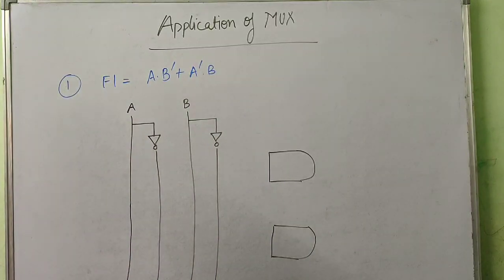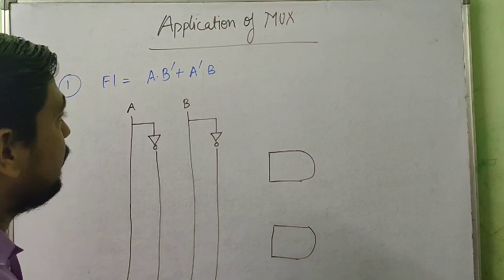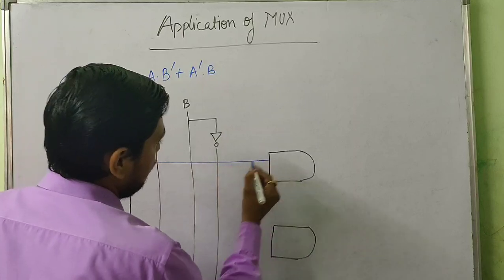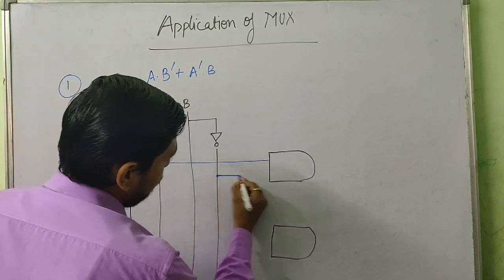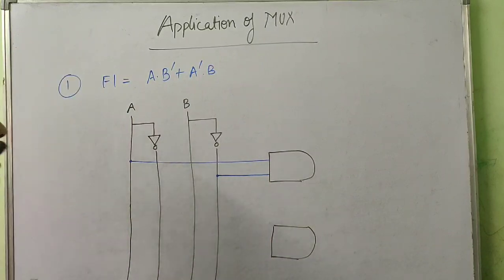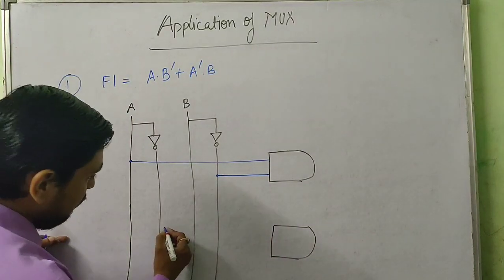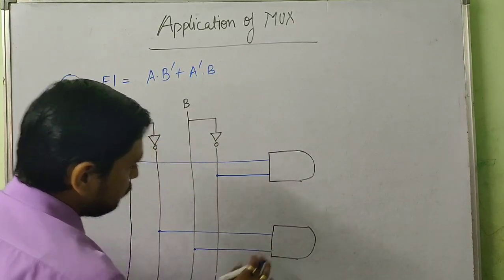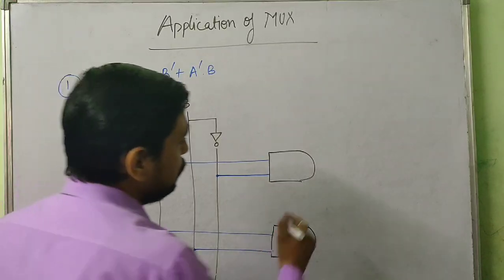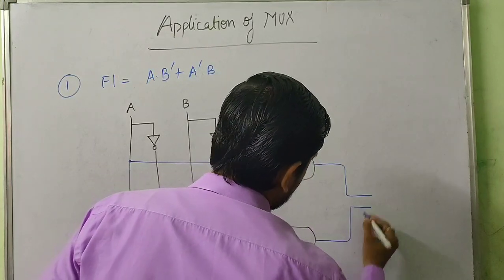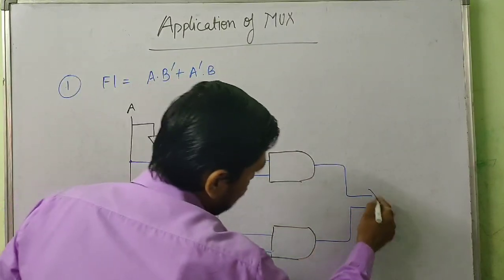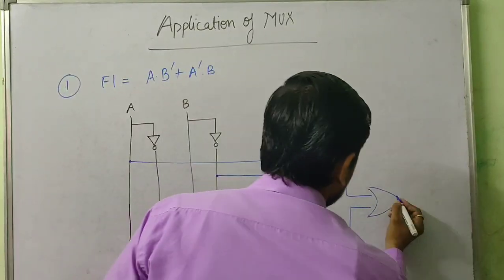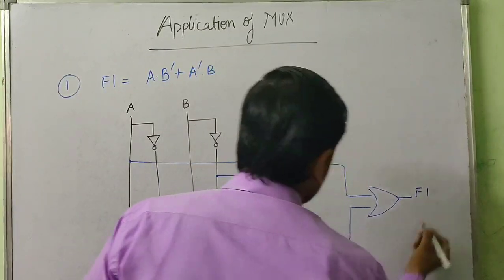But we need to pass into them A and B complement. So first we need A, so I am taking A, and second we need B complement, so I am taking B complement. Here A complement and B. So first I will take A complement, and second I will take B. Now the results of these two will be ORed together. So I will use an OR gate over here, and hence we get a result F1.